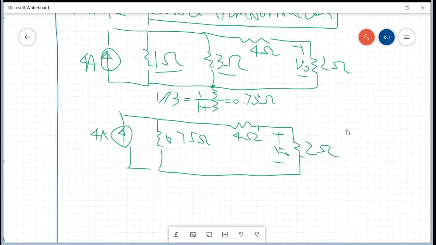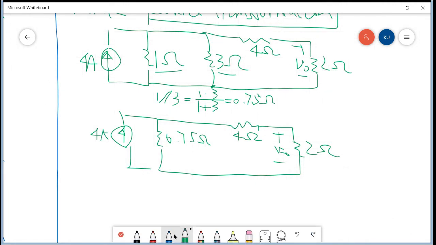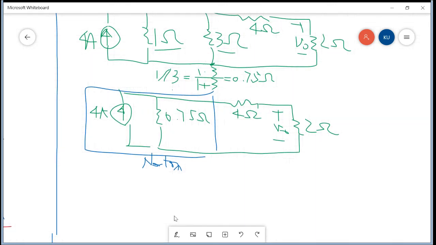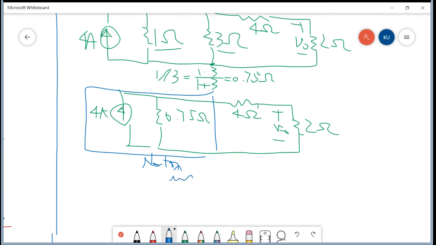And then we know that this is Norton, so we convert it back to definite. We can convert it back to definite. So it will be 0.75 ohm, and then the current source is pointing upward.